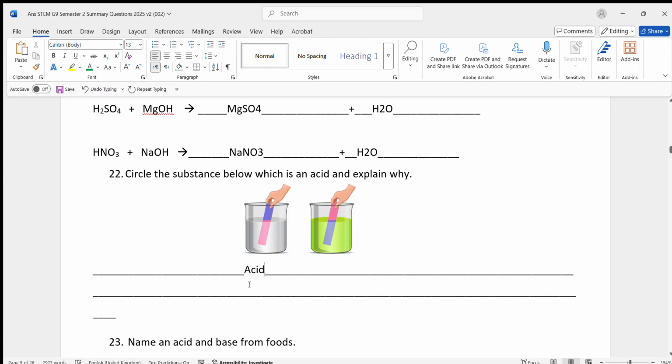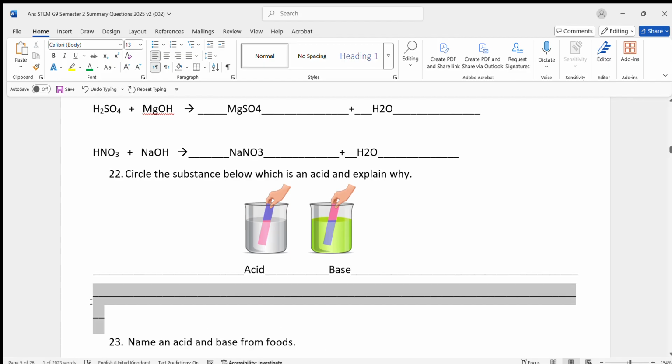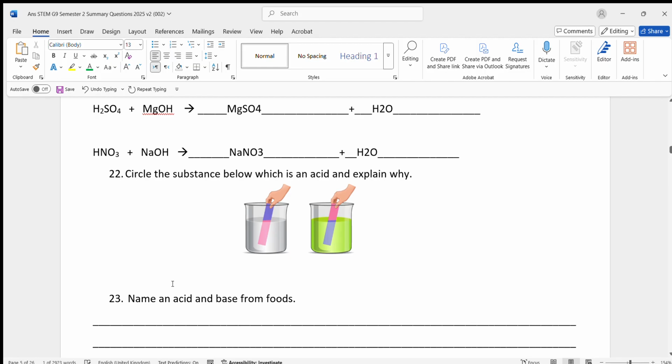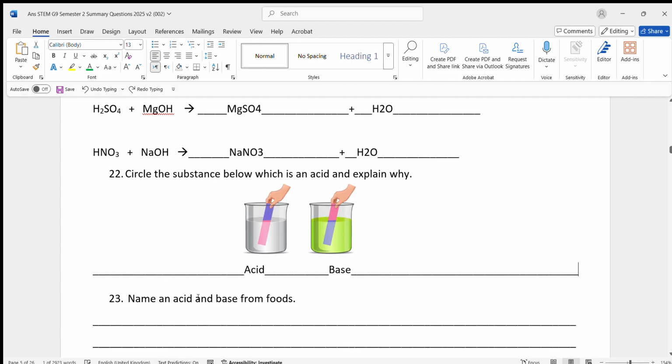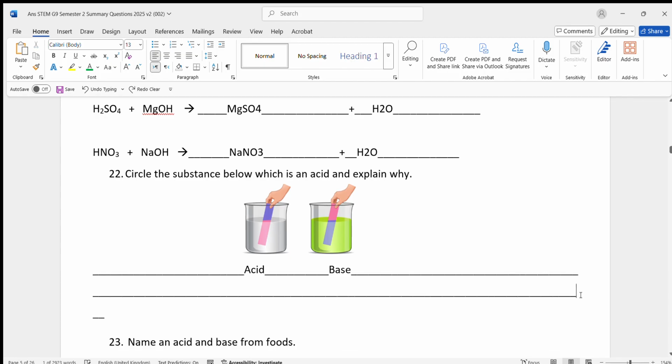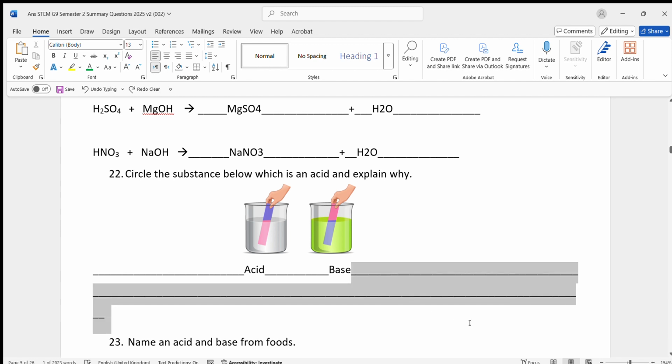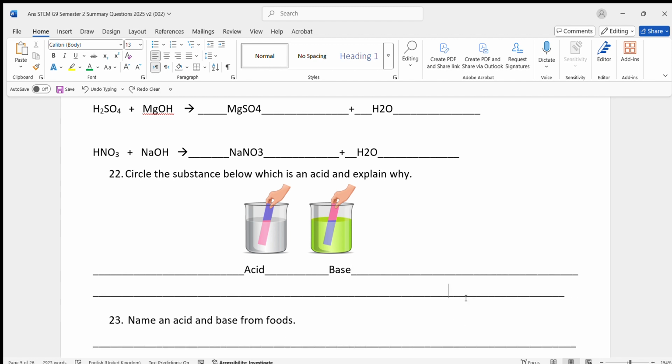And for this one, the red litmus paper changes to blue, so it is a base here. So I can remove this, and that makes space for me.